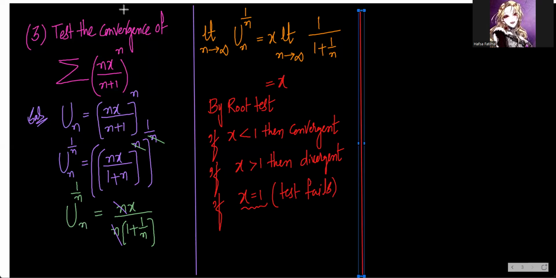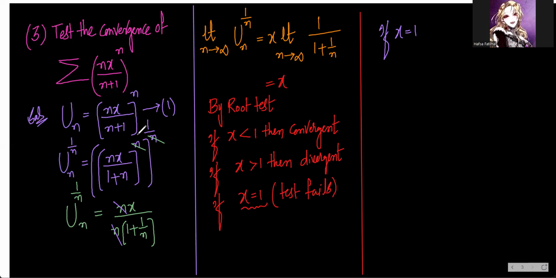If x is equal to 1, we have to take our x value and substitute it in this equation number 1. If x is 1, can you tell me what happened here?